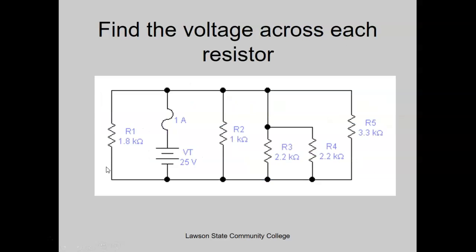Find the voltage across each resistor. So what should my voltage be across each of these resistors? It should be 25 volts. Why? Because they're all in parallel, right? They are all in parallel.